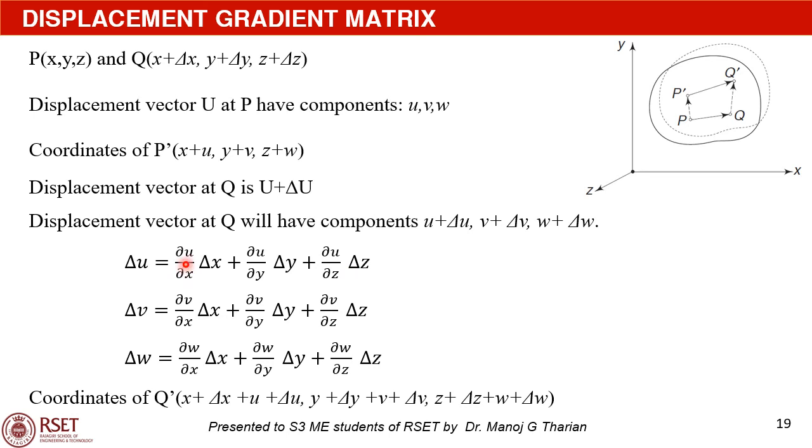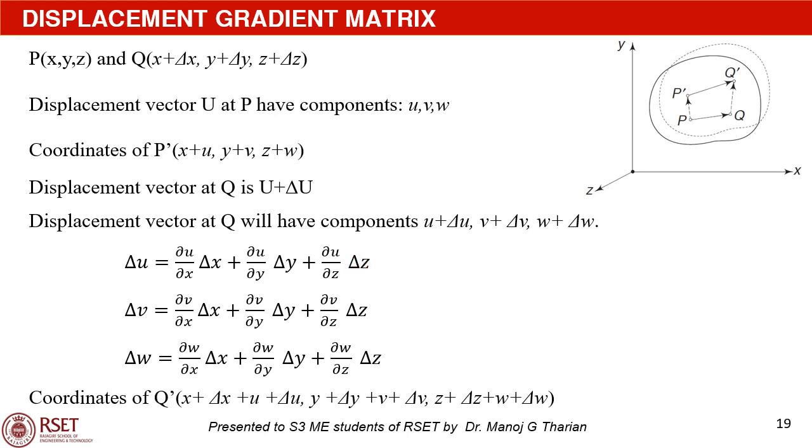That is, dou u by dou x gives the rate of change in u along the x direction multiplied by the distance between P and Q along the x direction, delta x, plus the rate of change of u along the y direction multiplied by the distance along the y direction, delta y, plus dou u by dou z, which is the rate of change of u with respect to the z direction multiplied by the distance between P and Q along the z direction, which is delta z.